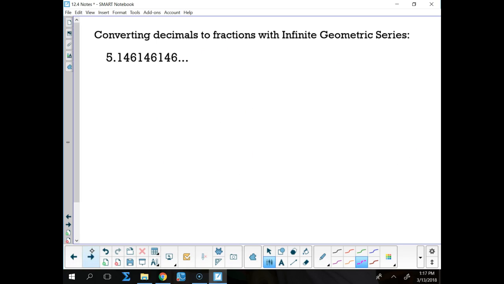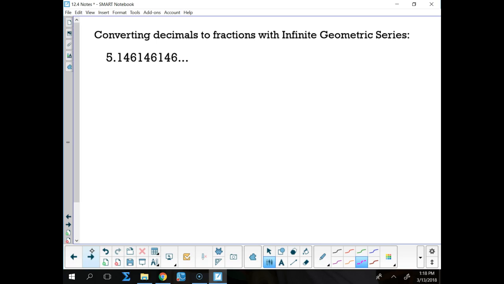Let's walk through another one, a different kind. This one has a number out in front. Does that number come into play in the repeated decimal portion of it? So does that 5 have anything to do with the repeated decimal? Is it in the pattern?